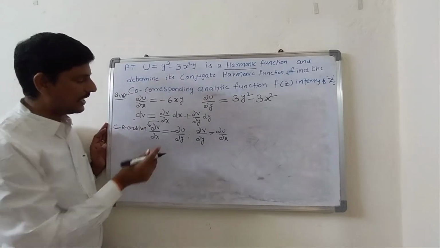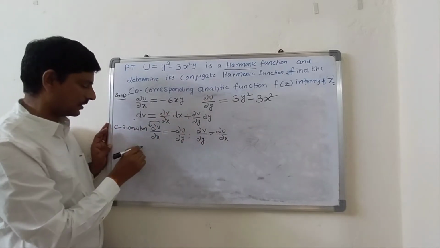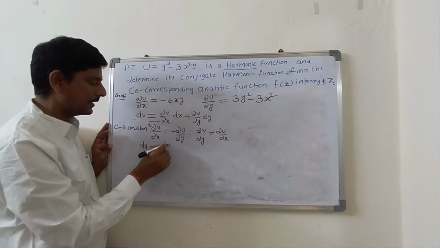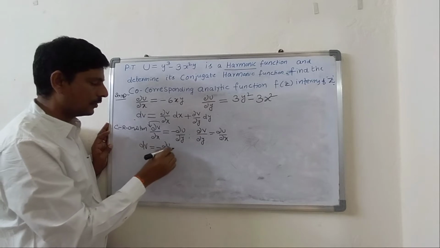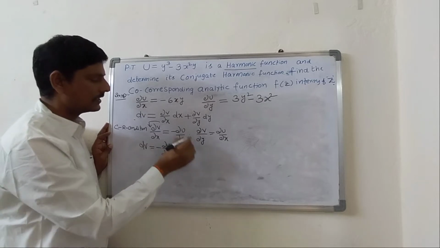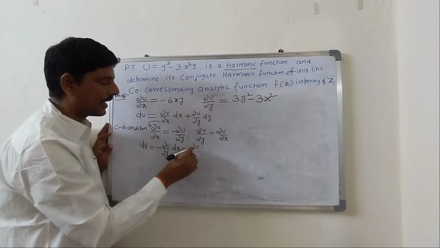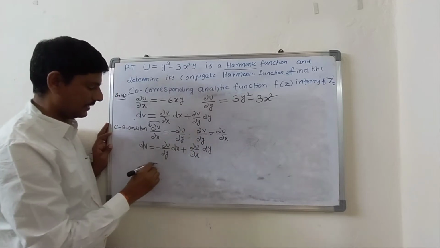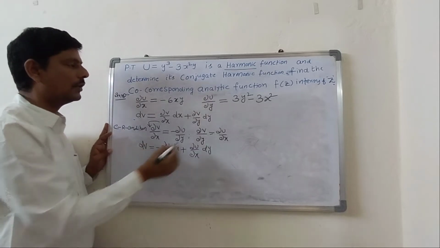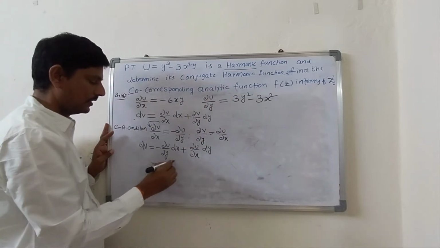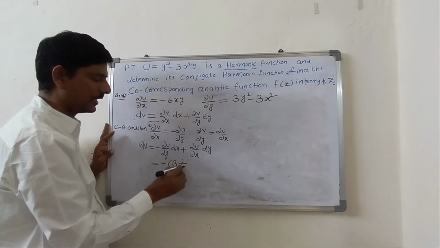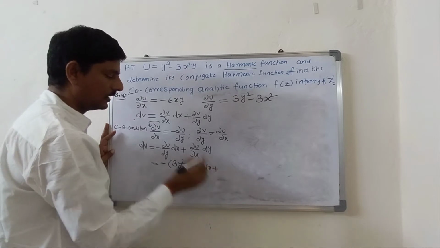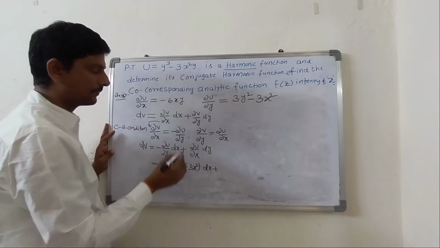So from the CR conditions we can write these two values in the above equation. So dv is equal to, in place of ∂v/∂x, −∂u/∂y into dx, plus in place of ∂v/∂y, ∂u/∂x into dy. Now −∂u/∂y is −(3y² − 3x²) into dx, plus ∂u/∂x.